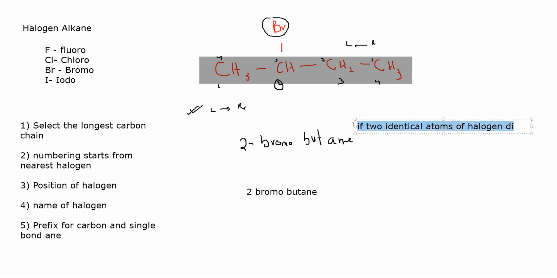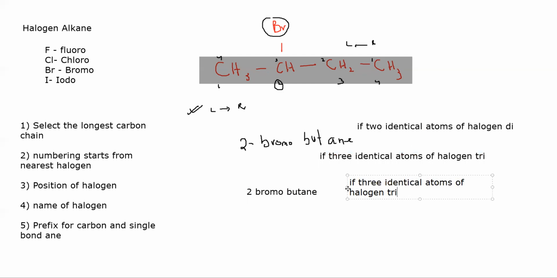If 3 identical atoms of halogen are attached, we will use the word tri. And if 4 identical atoms of halogen are attached, then we'll use the term tetra.